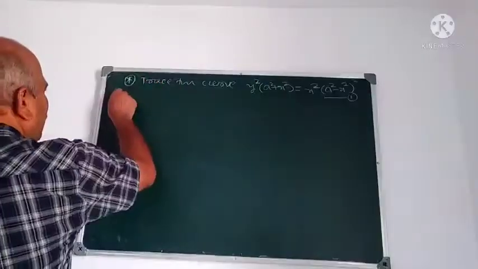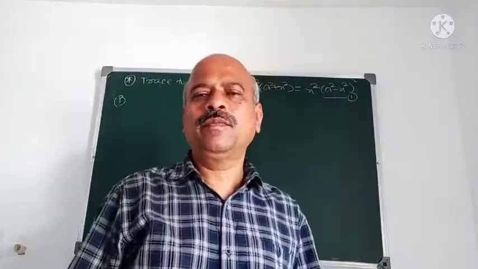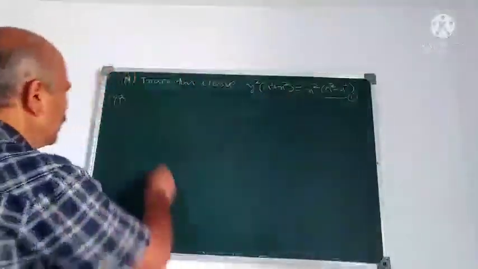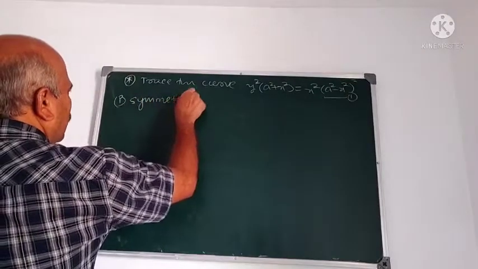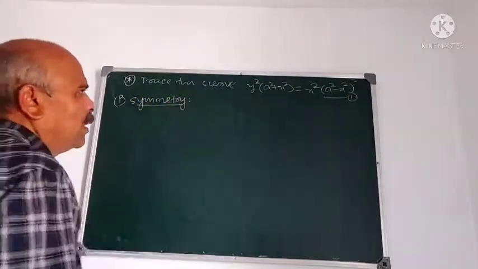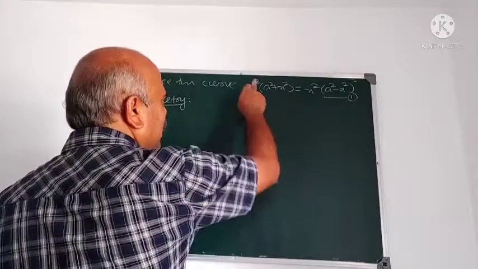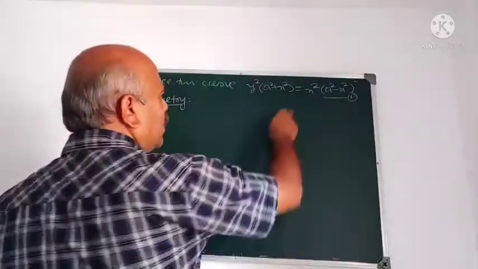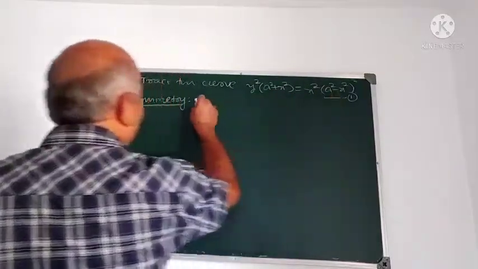What are the things you first have to go through when tracing the curves? The following things are important. Using the following things we can trace the curve. First one, symmetry. Now in this case, see, why there is only one term? It is only in even degree. Then the x term is also even degree.